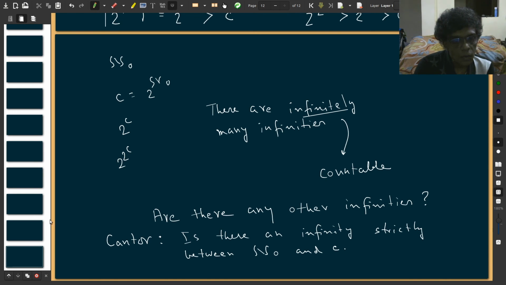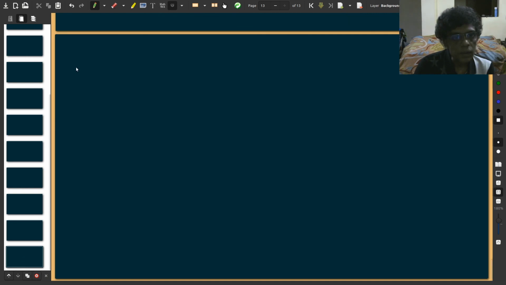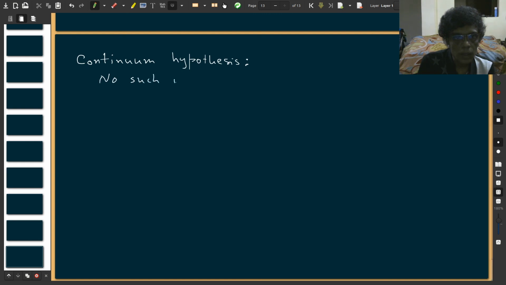So, there is a famous hypothesis which is called the Continuum Hypothesis, which says that no such infinity exists. Okay.